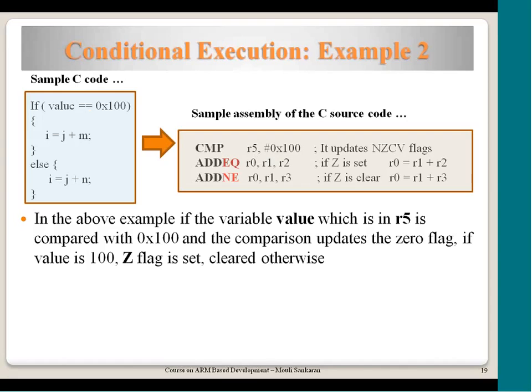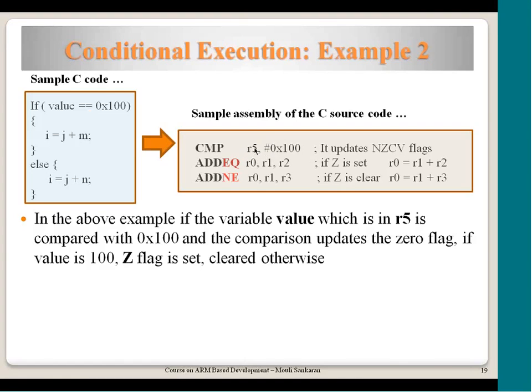It compares the value with the 100. If it happens to be equal, the zero flag would have been set. If it is not, this compare instruction would have made the zero flag clear. Now will this impact R5 content? No. The compare instruction does just a subtraction of this value with either an immediate or another register value, and then only takes the result of that and impacts the CPSR, and doesn't change the value of any of the operands.